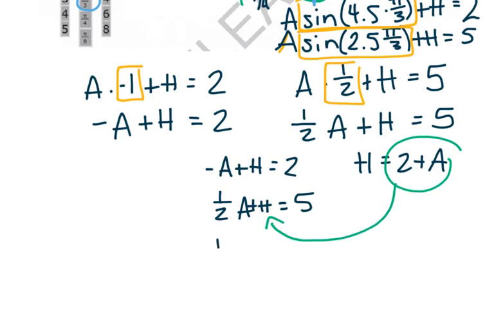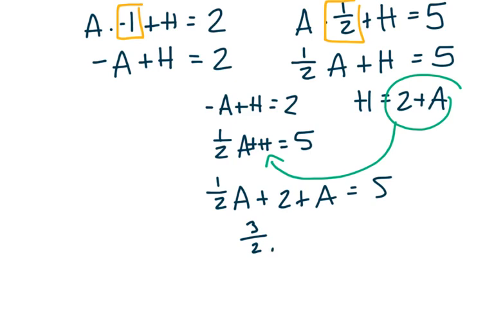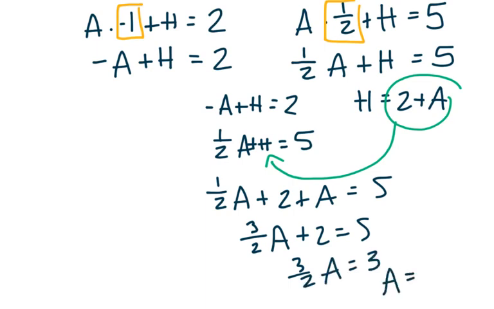So I'm going to replace that with 2 plus a equals 5. Now I'm going to simplify everything. So I get 3/2 a plus 2 equals 5. I'm going to subtract the 2 to the other side, and then divide both sides by 3/2. And I get 2.